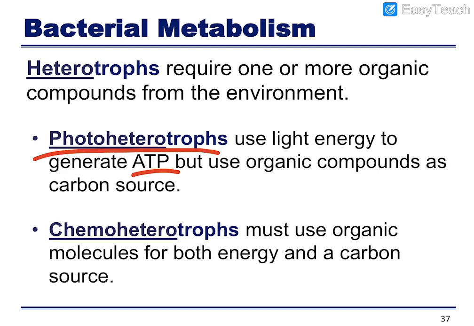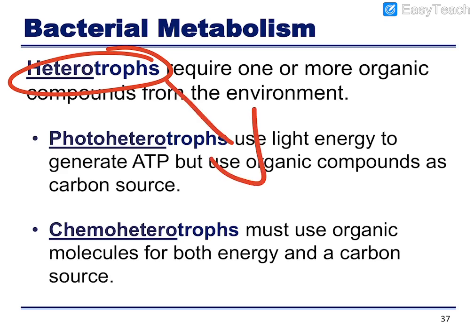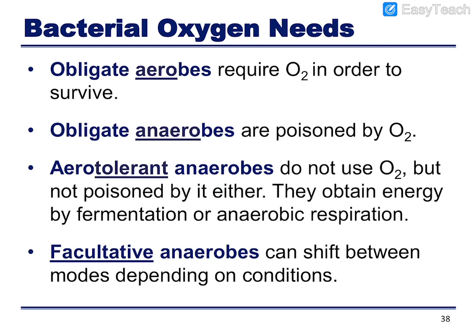Photoheterotrophs use light energy to generate ATP, which is adenosine triphosphate, but use organic compounds as a carbon source. Whereas chemoheterotrophs must use organic molecules for both energy and a carbon source. Also remember, heterotroph means they must take something from their environment in order to gain energy. They do not make their own energy, they need to get it from somewhere else.